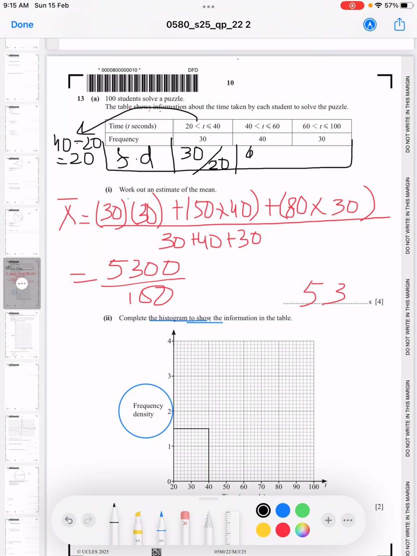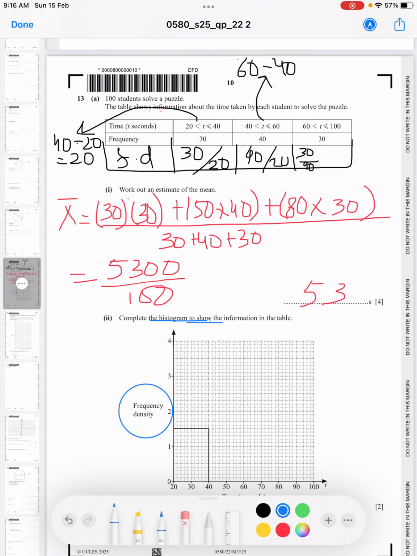Similarly for this one, 40 is the frequency divided by its width. Width is 60 minus 40, again you get 20. And for this one you get 30 divided by 40. So I am writing all the answers here.